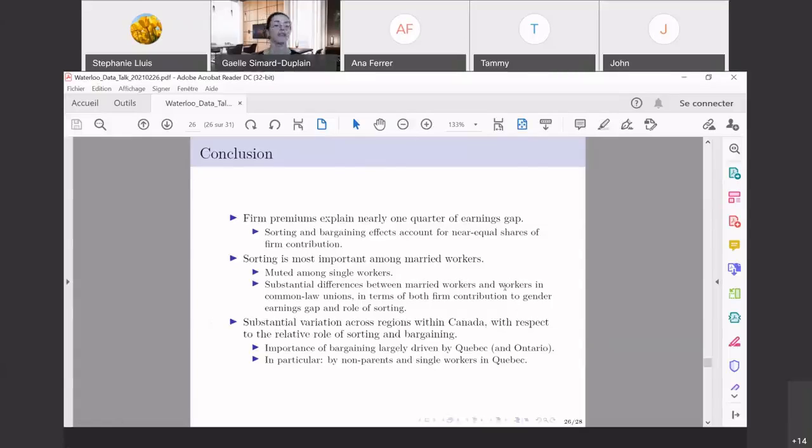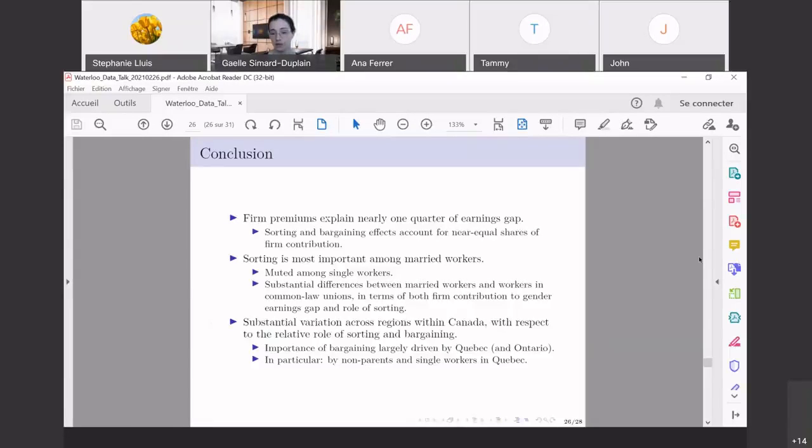So just to wrap up, a quarter of the earnings gap in Canada is accounted for by differences in firm premiums, and this is largely in line with what's found in European countries, for instance. We find a somewhat large bargaining effect, and it seems to be in large part driven by what's happening in Quebec with non-parents and singles. We also find generally important differences in sorting by marital status.